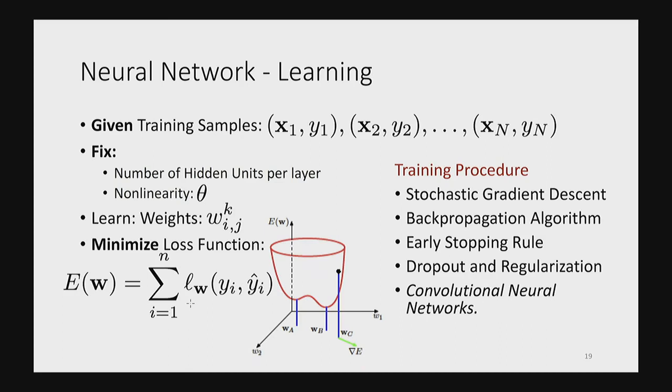There is also an algorithm called backpropagation, which is the algorithm that made modern neural network training possible. It was popularized by our own Professor Jeff Hinton.